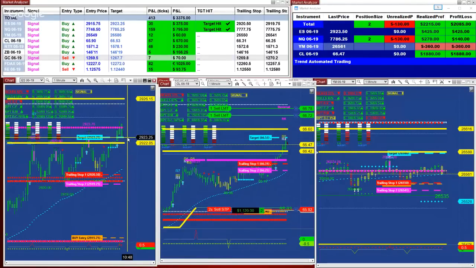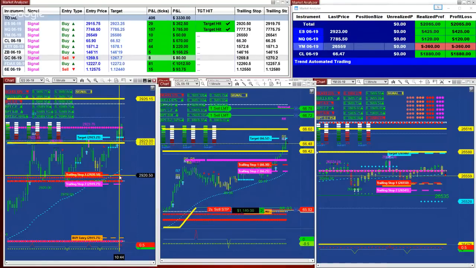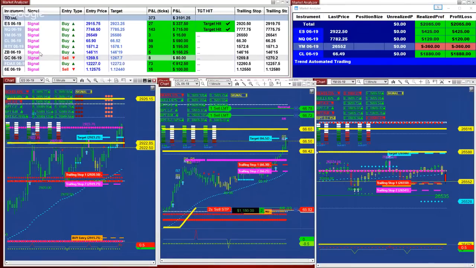Keep your eye on those levels again. We're about to have the 30-year Treasury bond go to the buy side in conjunction with the long side on the ES. I really do not like that.